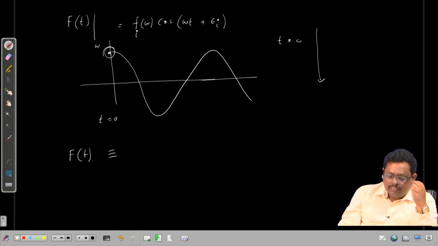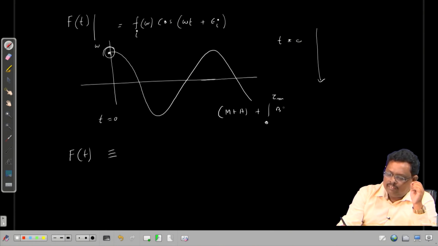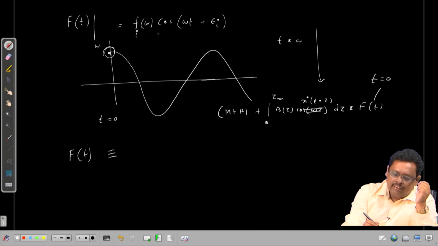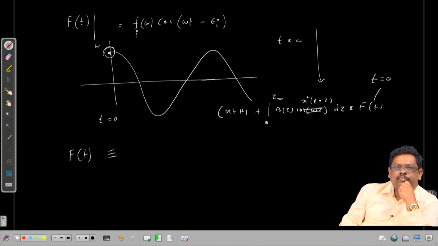And third, which is more important and very crucial, is that at t equal to 0, when you do this equation, m plus a plus integral from 0 to t of m b tau cos of omega, sorry, x dot t minus tau d tau equal to f t, at t equal to 0 this goes to a very large force.